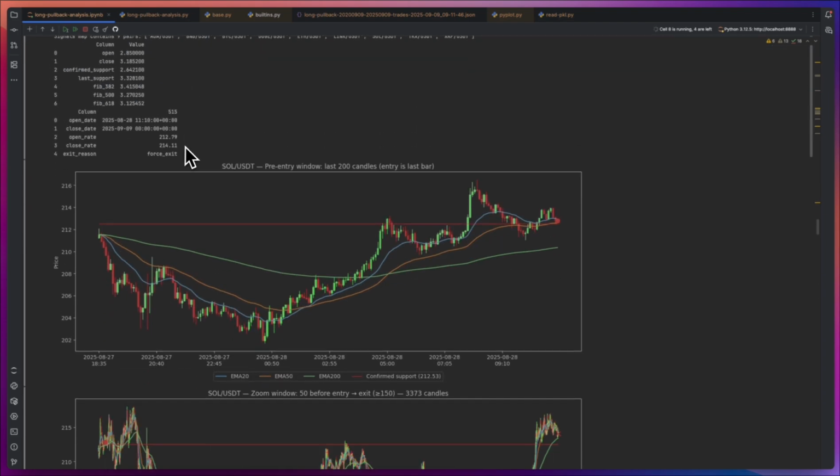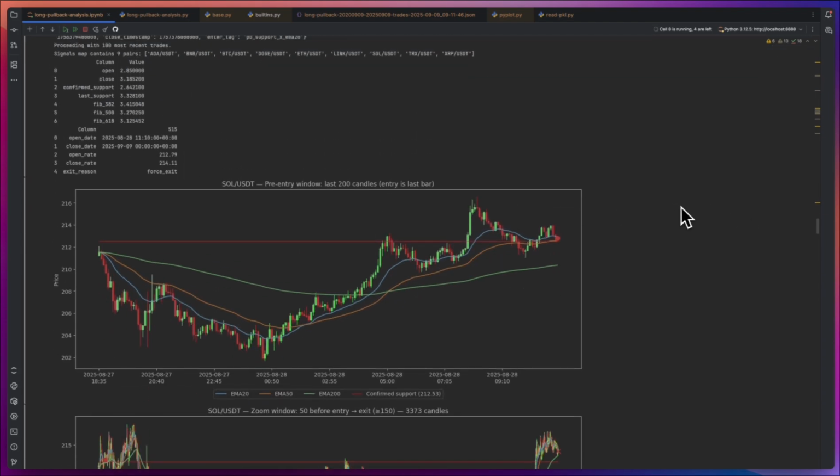For instance, in our first trade, we can see that each trade has a support line. The intersection of the support line and one of the EMAs was our entry, which is correct. But what I disagree with is the support line. It doesn't make any sense to me.